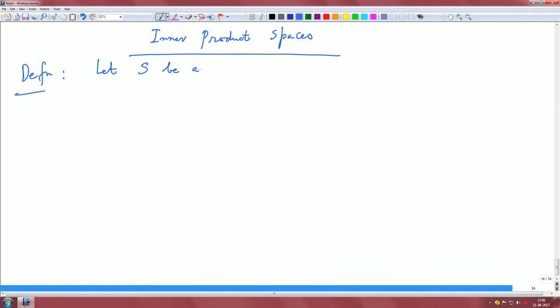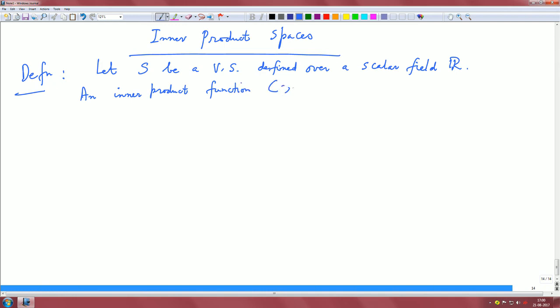Let S be a vector space defined over a scalar field R. An inner product function is basically a function from S cross S, the Cartesian product of this vector space, to R. That means I take two vectors, and it is a function from S cross S to R with the following properties.